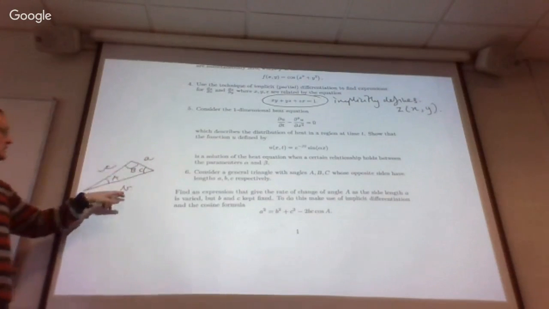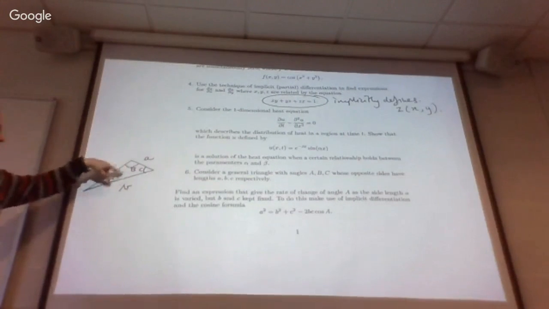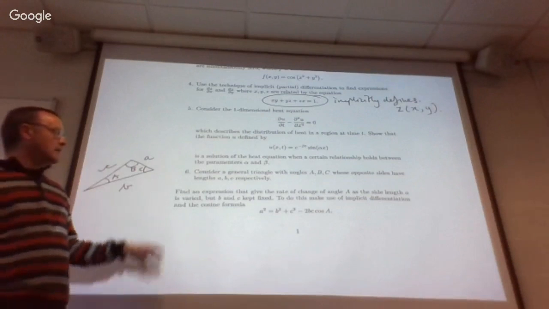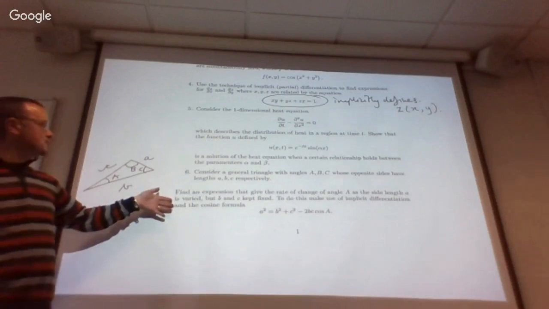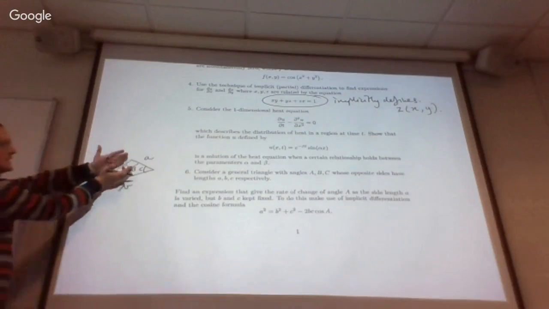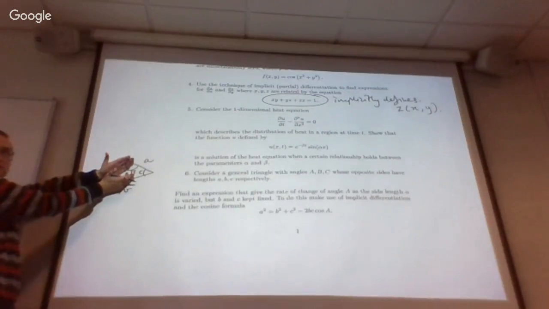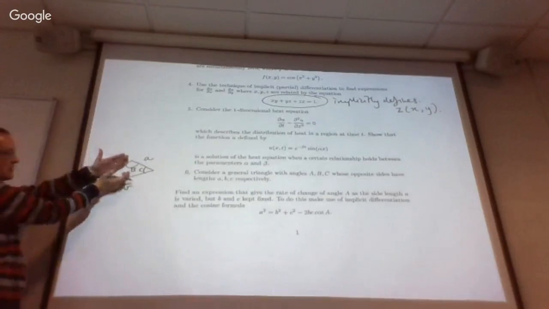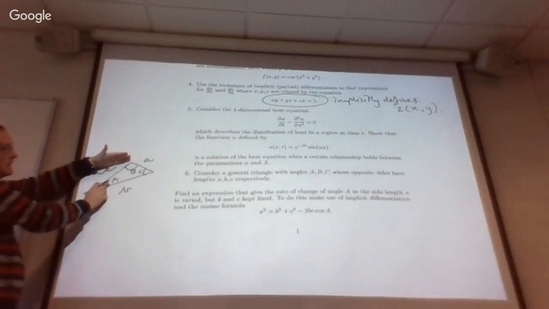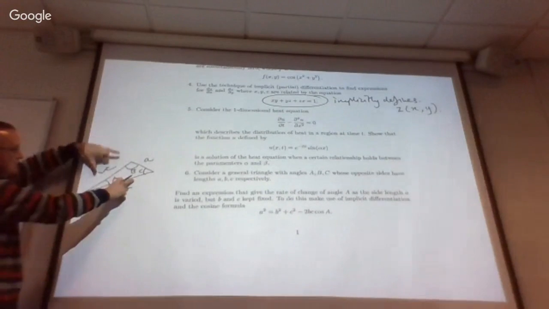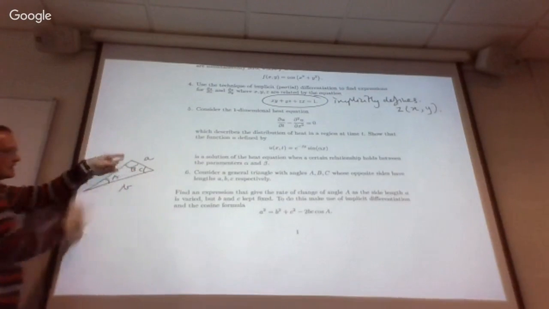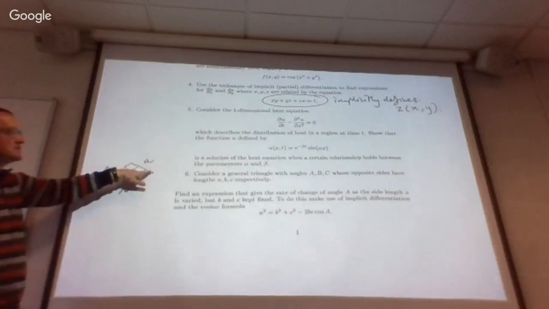So little a, little b, and little c are opposite their angle partner names, A, B, and C. And here what we're imagining is we're keeping the length of these two sides fixed. But imagine opening and contracting this angle A. So keeping the length of b and the length of c fixed, imagine those as two sticks, but varying the angle A.